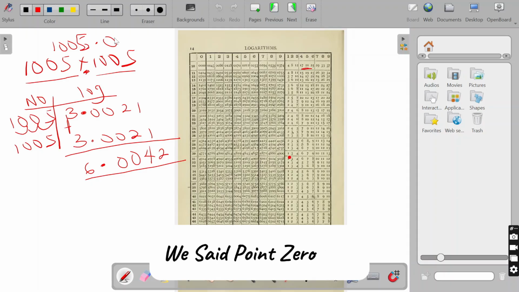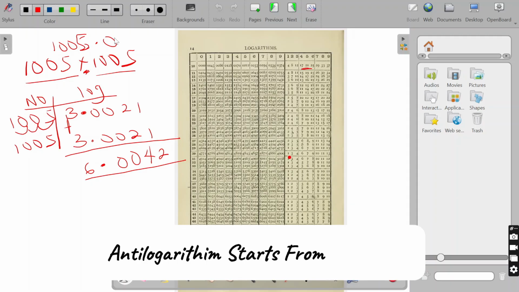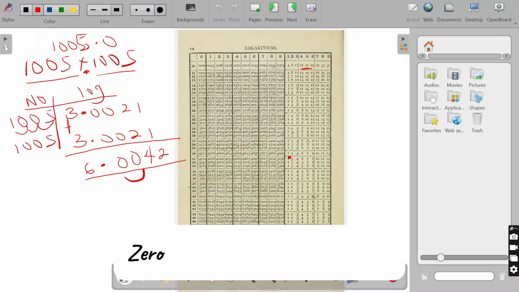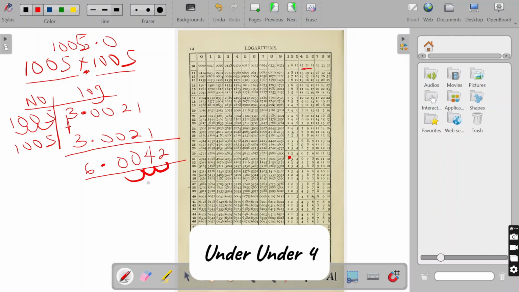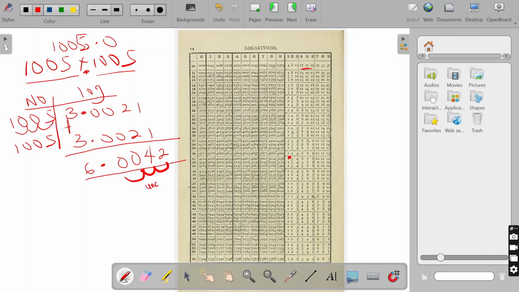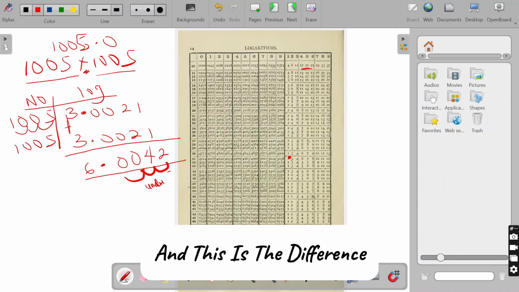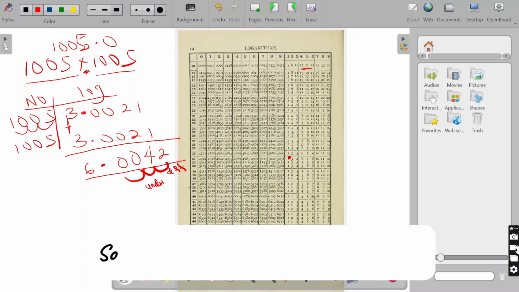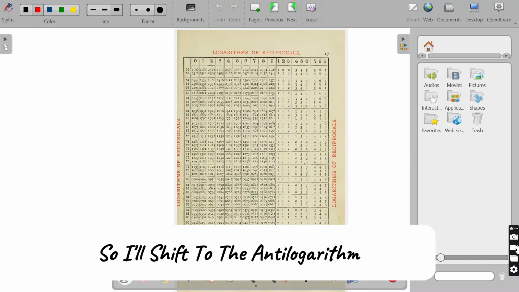Antilogarithm starts from the decimal point. So we say 0.00 under 4 difference 2. This is under 4, and this is the difference. So we are looking for 0.00 under 4 difference 2. So I'll shift to the antilogarithm section.